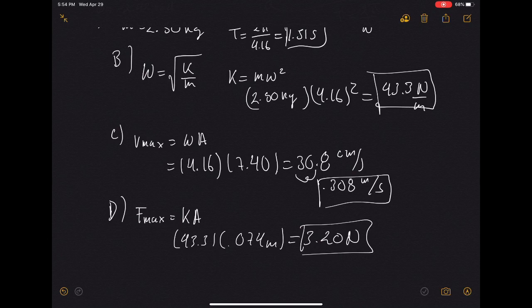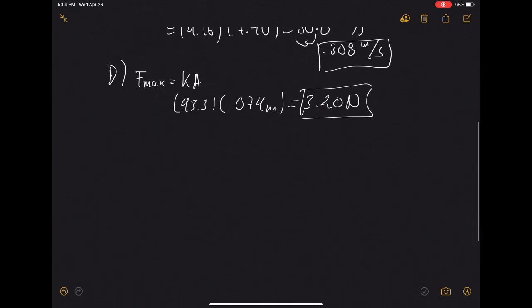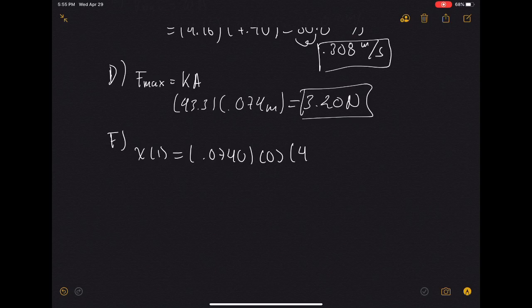Then part E is find the position of the mass at t equals 1. So now we're gonna use the big formula that they gave us, and we're just gonna plug the 1 into it. So it's x(1) equals 0.0740 meters cosine(4.16 times 1 minus 2.42), and that's going to give us a position when t equals 1.